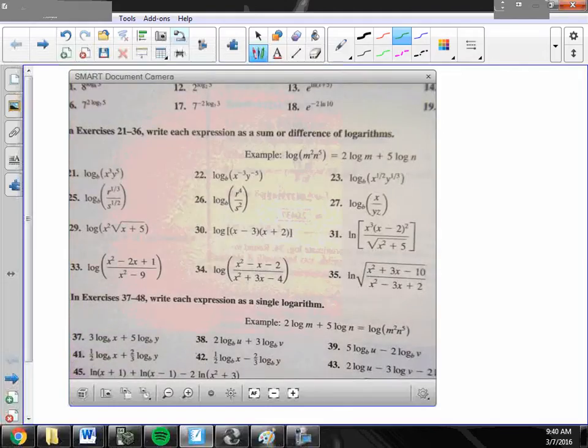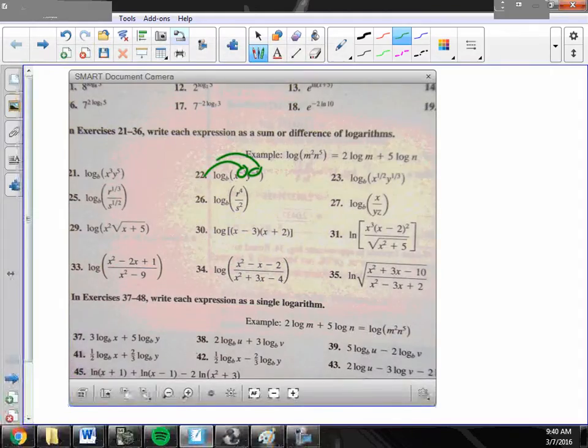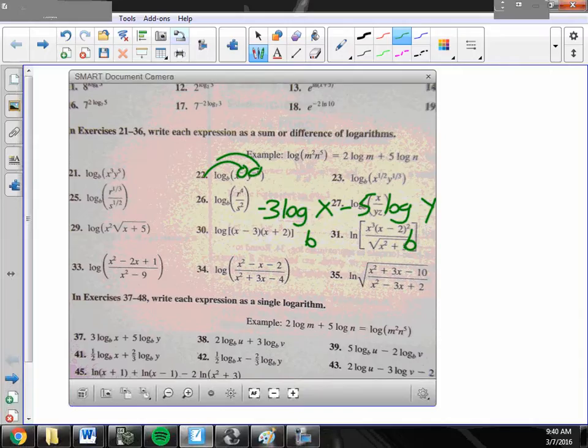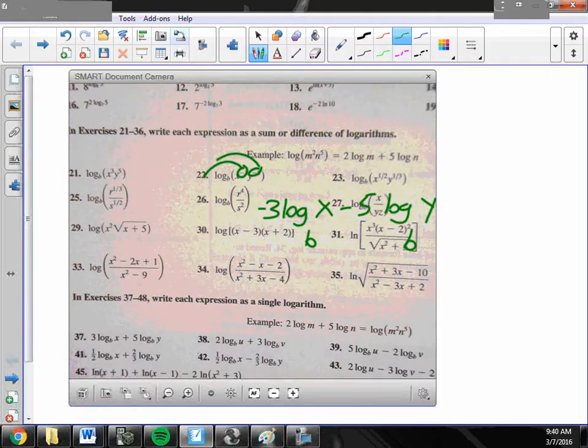So in 22, we have two positive logarithms, and we're going to drop the -3 and the -5 out front: -3 log base b of x minus 5 log base b of y. Now wait a minute. I thought those were going to be positive logs. How come they ended up being negative logs?